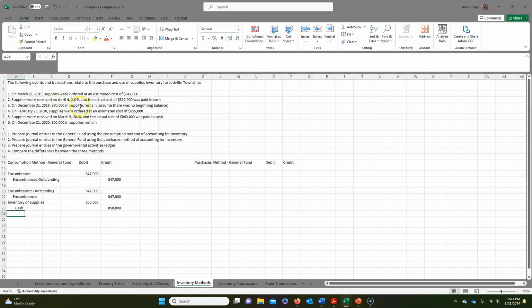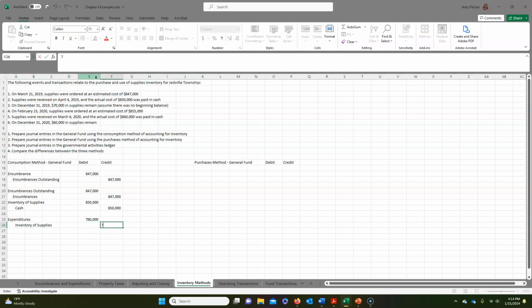On number 3, we have $70,000 in supplies remaining at the end of the year, and we assume there was no beginning balance. So we're going to record that we had total supplies expenditures of $780,000. So this is the consumption method where we expense the amount of supplies that were consumed during the year.